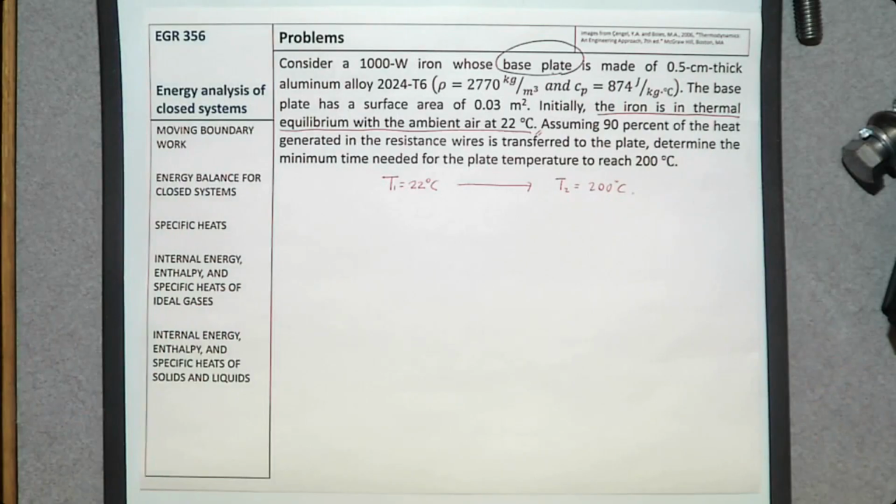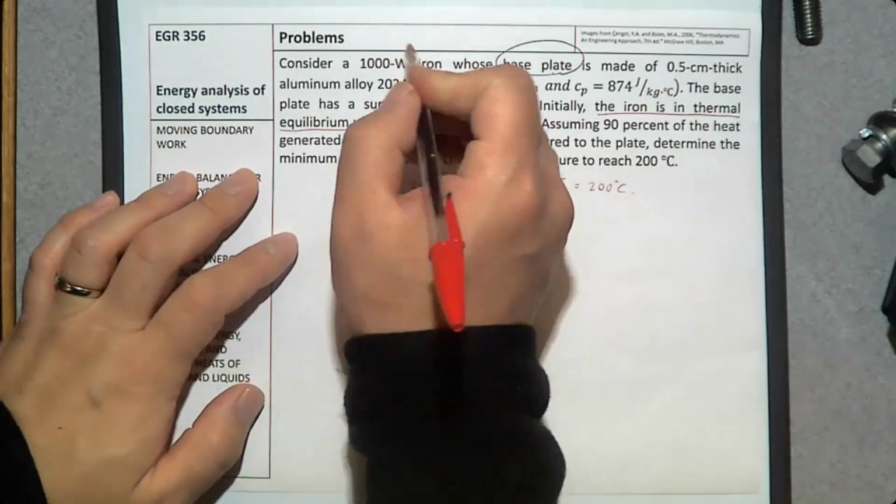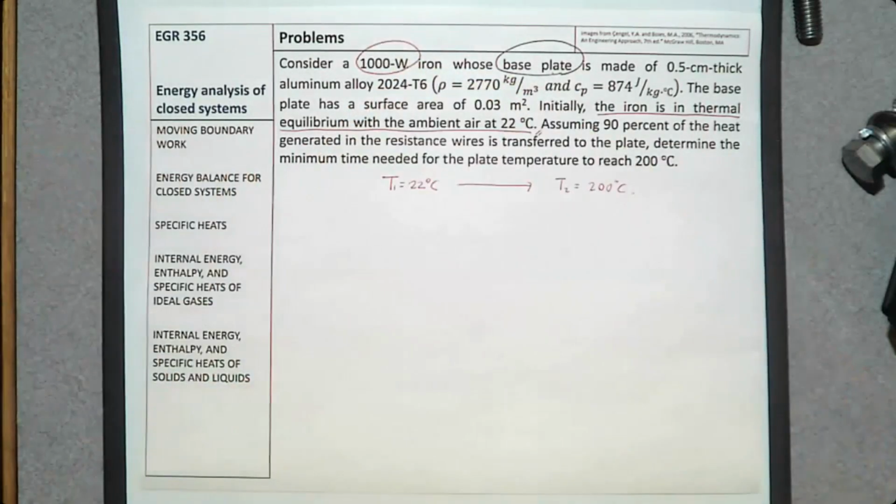Then, to increase the temperature of this iron, we need to provide heat. So where is the source of the heat? It says 1000 watt iron. What does it mean? It means this iron is going to consume 1000 joule per second.